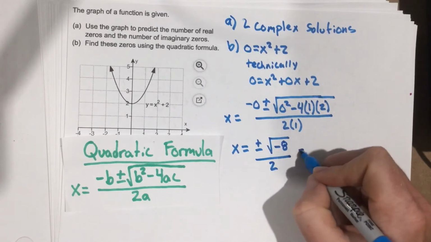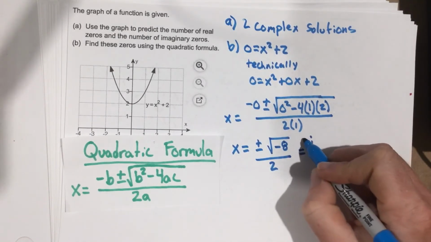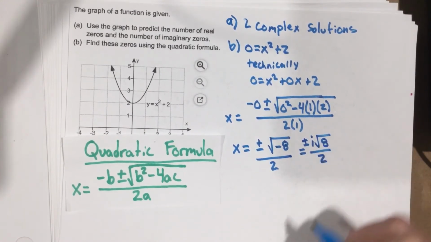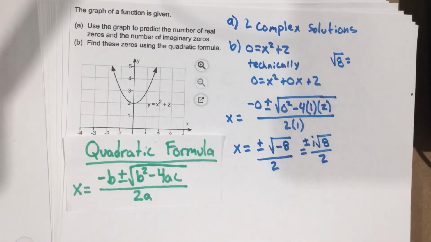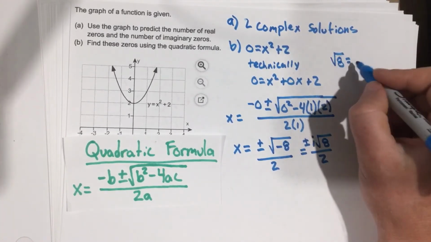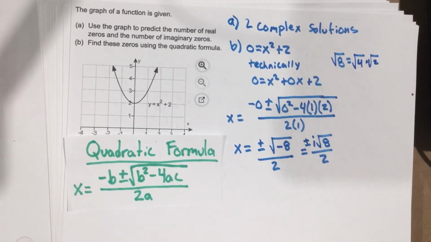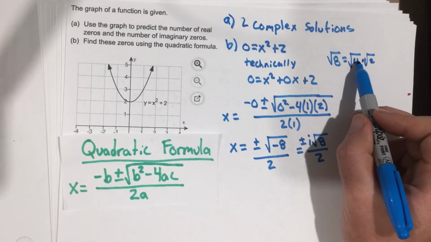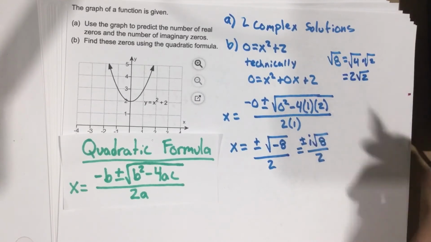Now I can simplify that by saying i, plus and minus, i root 8 over 2. Now I need to take root 8 and I need to break it down because it does break down. Root 8 I know is root 4 times root 2. Well, root 4 we know is a perfect square, right? Which is just 2. So this ends up being just 2 root 2.